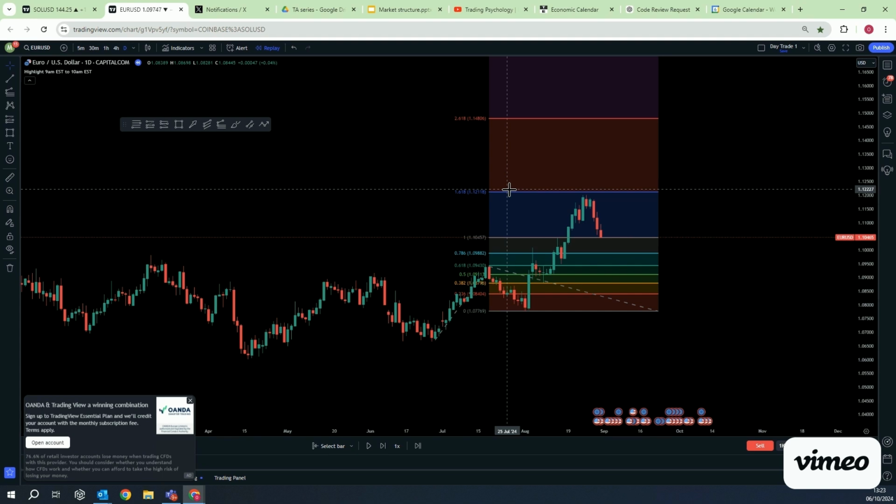So yeah, Fib retracement, my number one tool. My second tool is Fibonacci extension. They are very similar, and both equally useful in their own rights. Extension for finding areas to take profit, retracement for finding areas of entry.